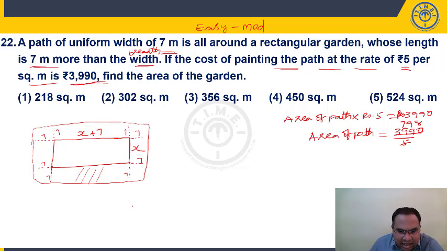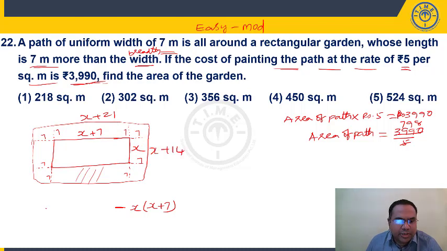What is inner rectangle area? X into x plus 7. What is outer rectangle area? Now see here, my length 7 meters increase this side, 7 meters increase this side, 14 increase. X plus 7 plus 7 plus 7, x plus 21. Similarly, 7 this side, breadth 7 this side, x plus 14. So x plus 21 into x plus 14 minus inner rectangle is equal to area of the path.